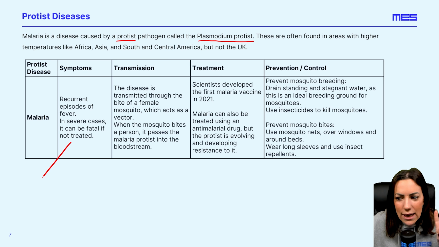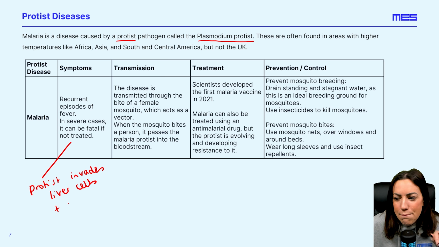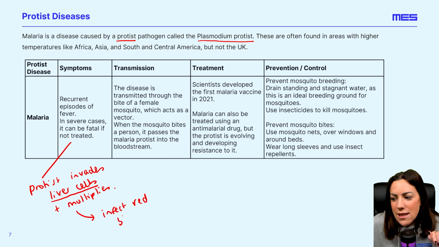Now, let's just talk a little bit more about this. The protist, how it actually works, it invades liver cells, okay? And it multiplies or replicates within liver cells. Then these protists will leave the liver cells and infect red blood cells.